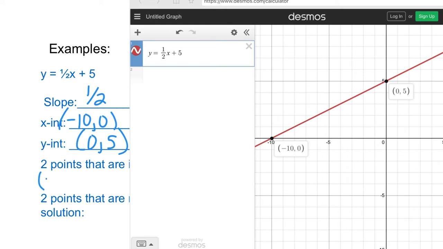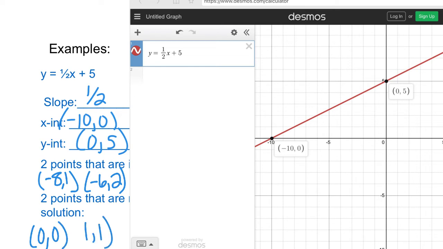So I'm going to go -8, 1. And we'll go with that -6, 2. And then points that are not in the solution, anything that doesn't exist on the line, like 0, 0, or 1, 1. Those are always my 2 go-tos. You can check others, but those are 2 that are easy to look for. And if they are on the line, then you got to look for something different.